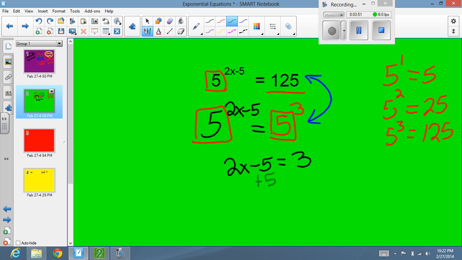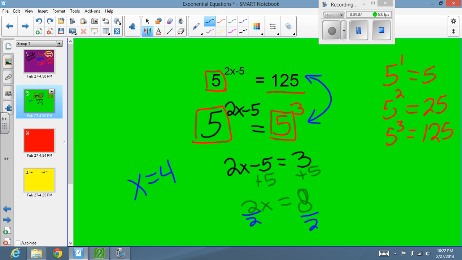Add 5 to both sides. So I get 2x equals 8. Divide both sides by 2, and x equals 4 again.